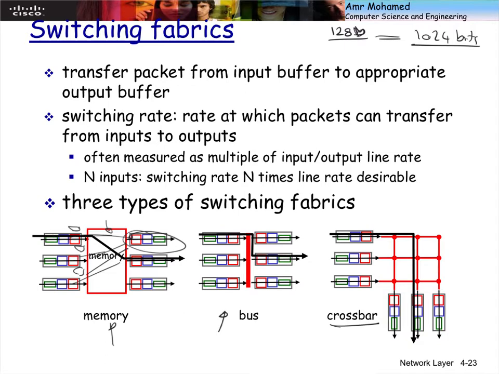If we're talking about 10 gigabit per second speed, if we need to maintain a 10 gigabit per second speed, right?